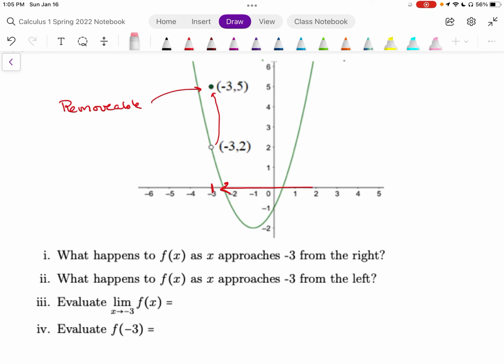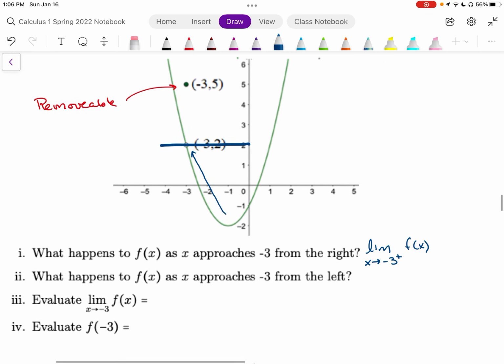Well, let me erase that so that I've got a little space here. So I'm coming in from the right towards -3. So what are you approaching? You're approaching, getting closer and closer to the value of 2. Okay, so you're going to say the limit as x approaches -3 from the right of the function is equal to 2.